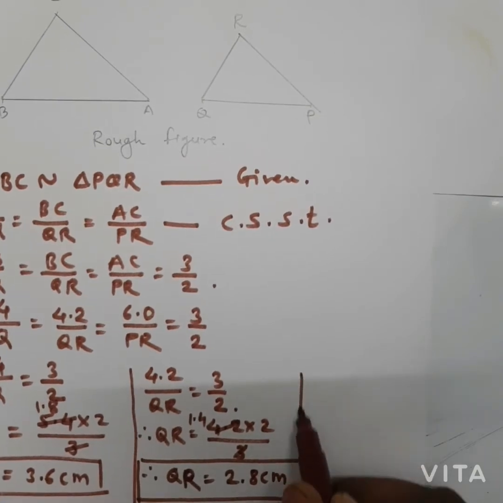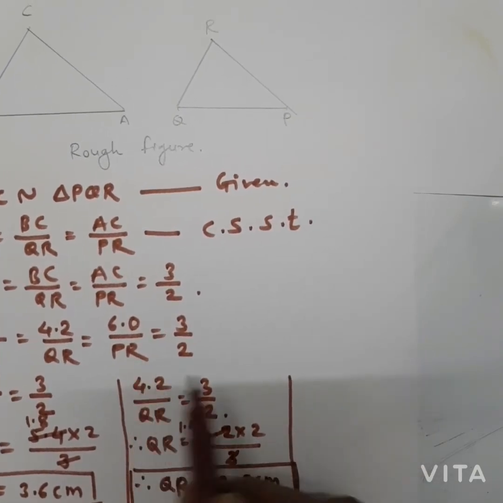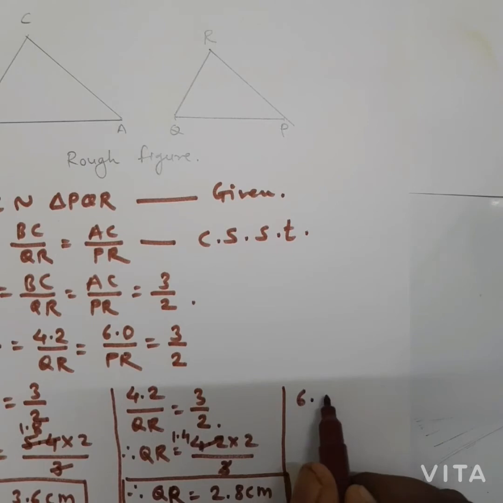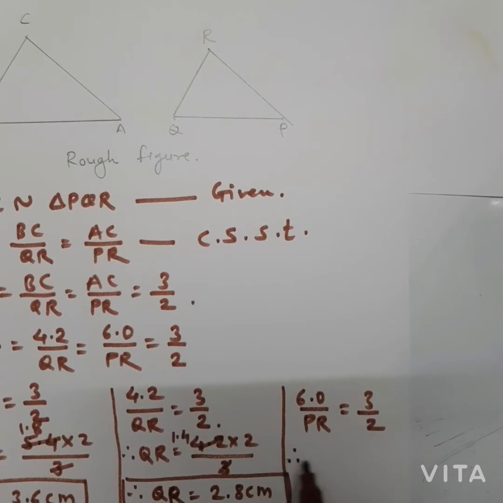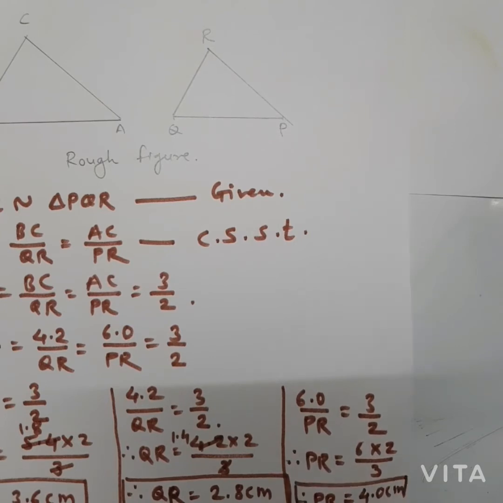Then for the last ratio we take 6.0 upon PR is equal to 3 upon 2. Therefore PR is equal to 6 into 2 upon 3, so PR is equal to 4 centimeter. It is the third side of triangle PQR.